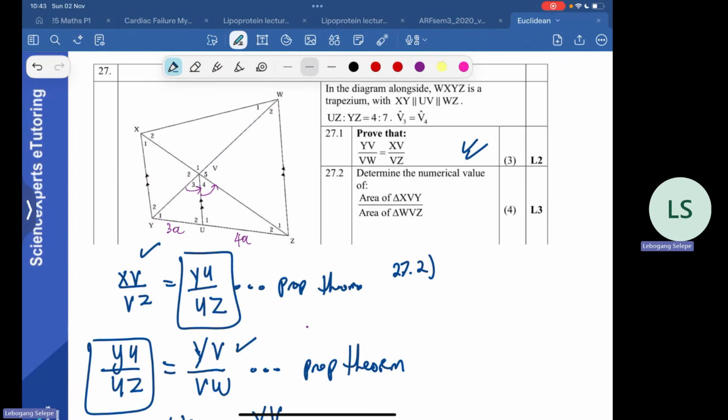So let's indicate the triangles that we are dealing with, right? So we are dealing with this triangle x, v, y. So it's this one. And the other triangle is w, v, z. Right?